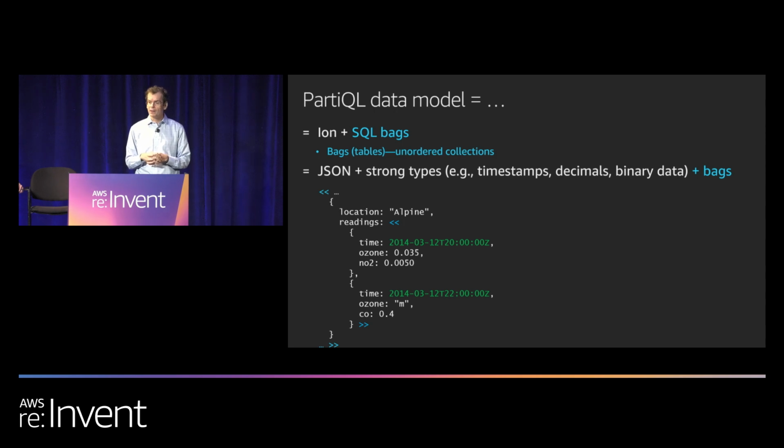So probably the object, also known as tuple, also known as struct, that you see on the slide at this point is part of a bag. So you see the bag being denoted with the blue brackets that we have there, but also the readings attribute is also a bag, which basically means that the order does not matter between all these objects that appear in there.